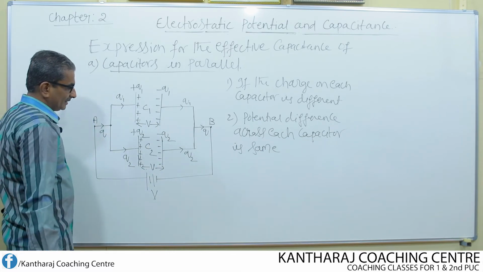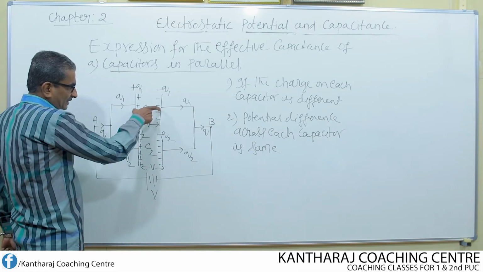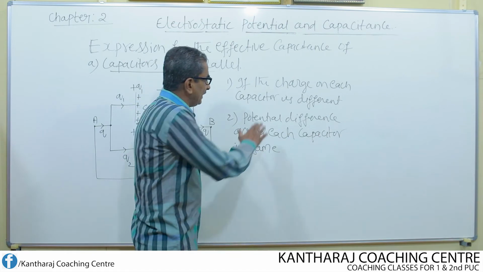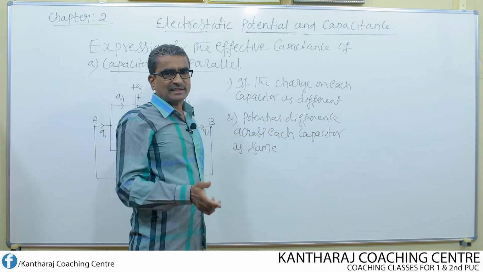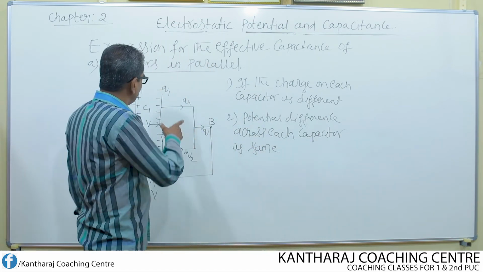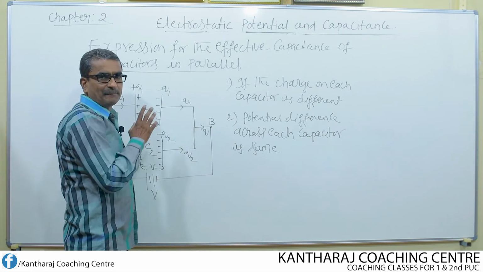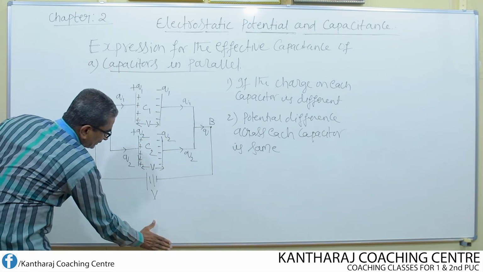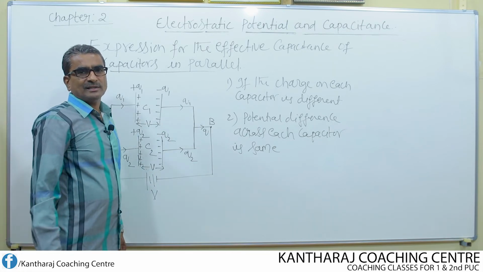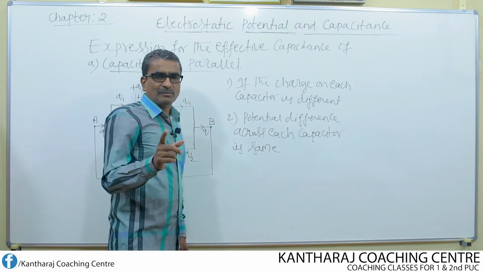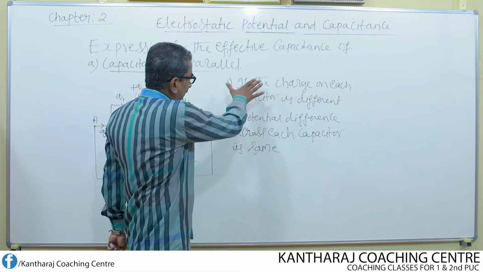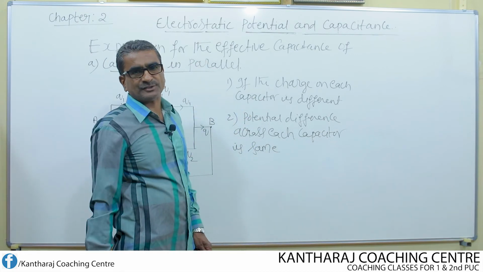Now, potential across each is same, charges are different. If these two conditions are satisfied, then we say that the capacitors are said to be connected in parallel. Like this, I can connect n number of capacitors in parallel. If the question is asked for 1 mark like this, when do we say that capacitors are in parallel? Then you have to write these points.